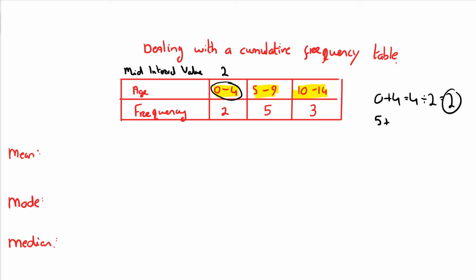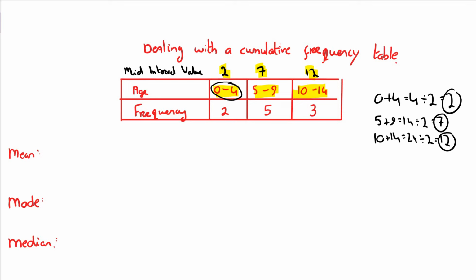Likewise, 5 plus 9 equals 14 divided by 2 equals 7. 10 plus 14 equals 24 divided by 2 equals 12. So really what we're getting is the middle number. Now we're taking these numbers to find our mean.